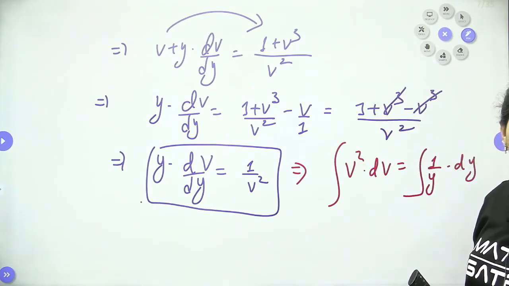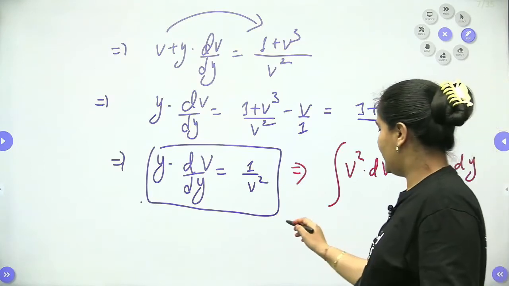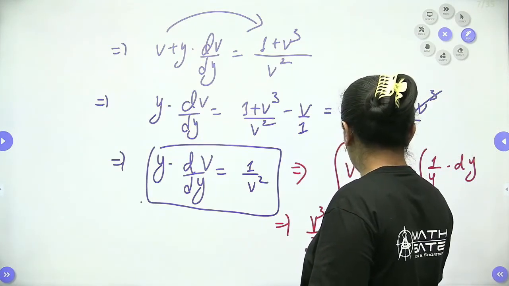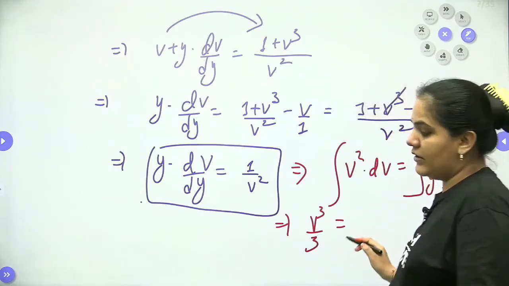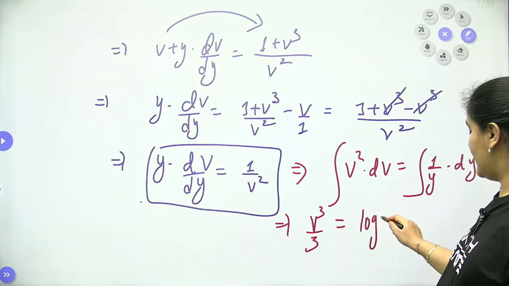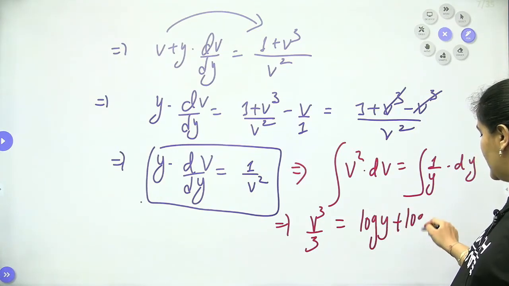We have to integrate both the sides. So when we integrate both the sides, it will be v cube by 3, dear students. The integration of 1 by y will be log of y, so it will be log of y plus log of c only.